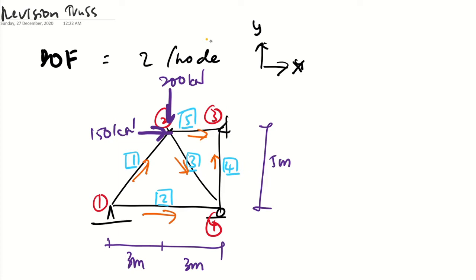At node number 1 is (0, 0). Node number 4 is (6, 0). Node number 3 is (6, 5). And node number 2 is (3, 5).